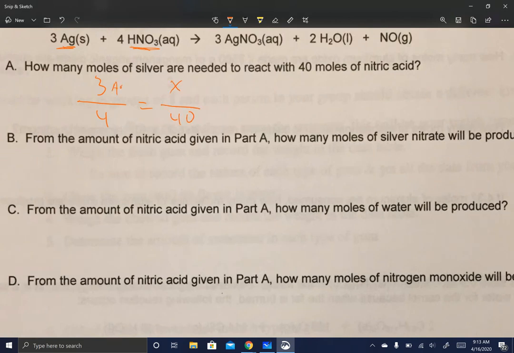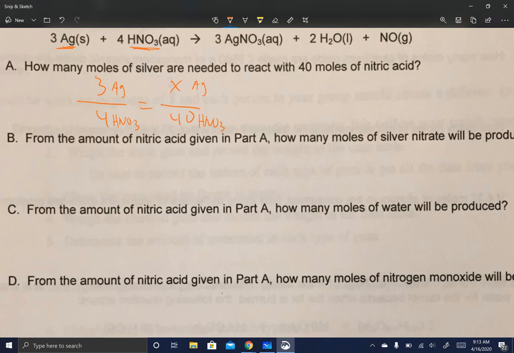So this is my silver, and this is my nitric acid, HNO3. In order for this reaction to actually work, I need a mole ratio of 3 to 4.